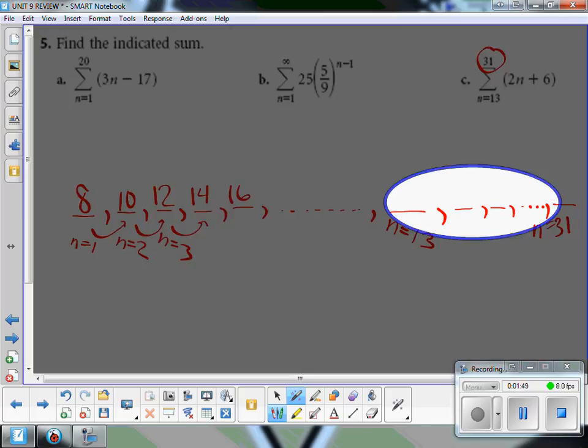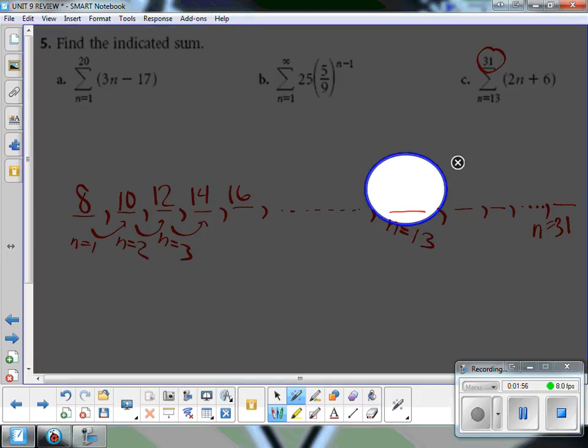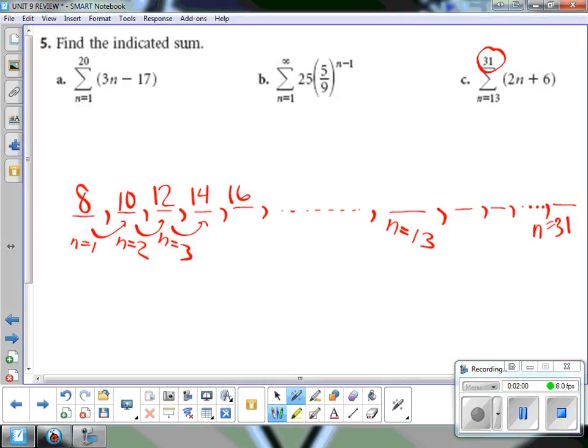So what we need to do is plug 13 in to get this house number. What's 13 times 2, plus 6? 32. Now plug in 31 to get the last number in the sequence.